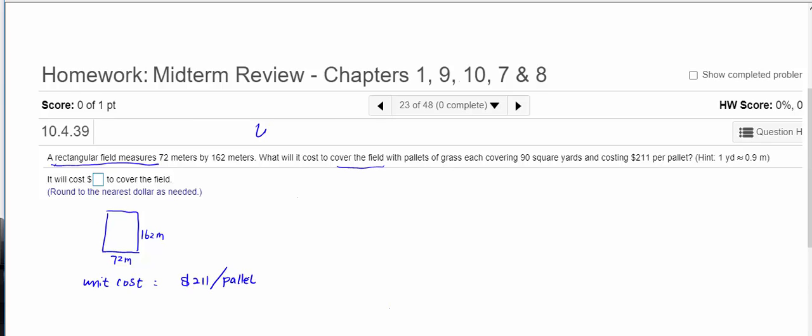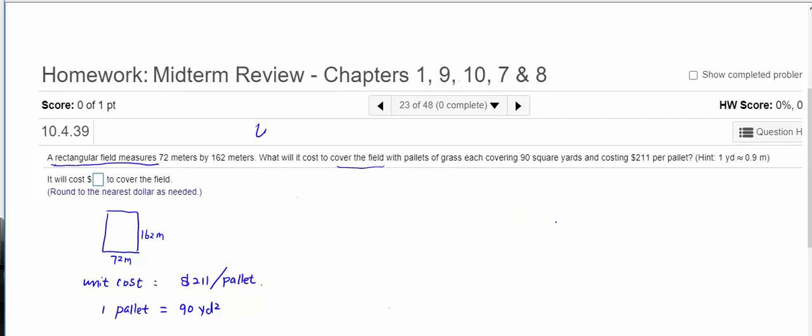The second piece of information we can get from that question is one pallet of grass. Okay, one pallet of grass actually is 90 square yards. So we got these two from that question.